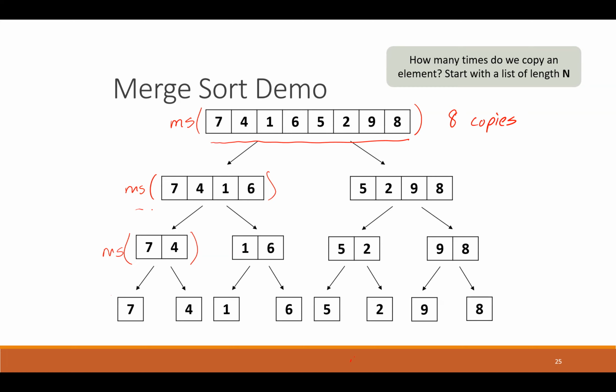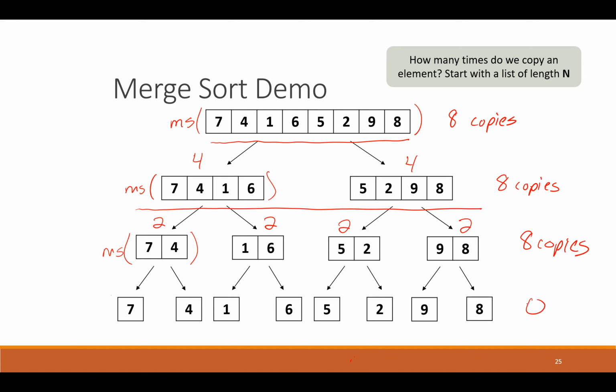On the next level of my recursion tree as a whole, I make 4 copies here, and I make 4 copies over here, so that's 8 copies total. On my next level of the recursion tree, I make 2 copies here, plus 2 copies here, plus 2, plus 2. So I make 8 copies total. Here on this level, I make 0.